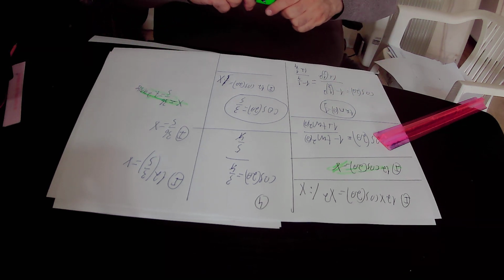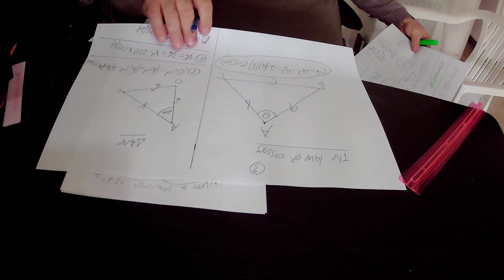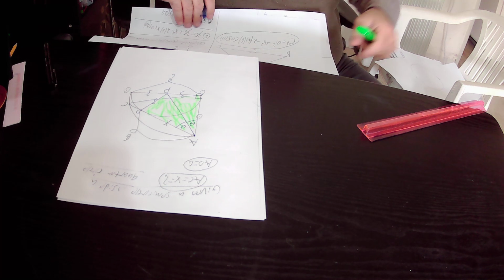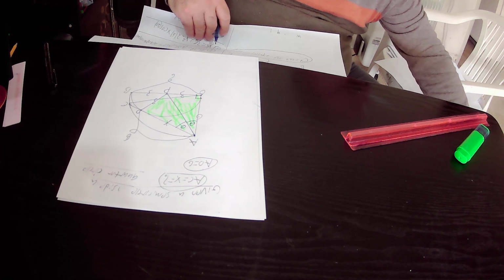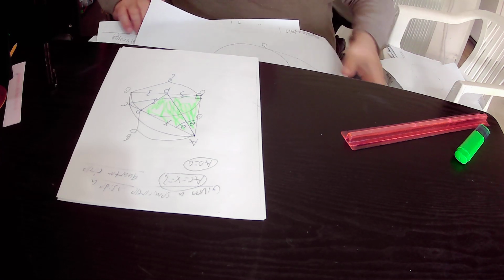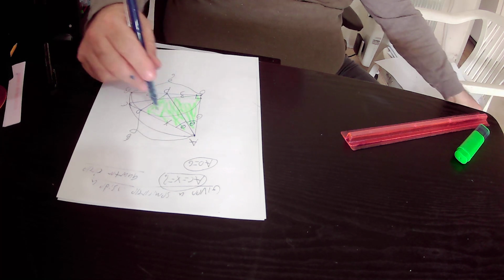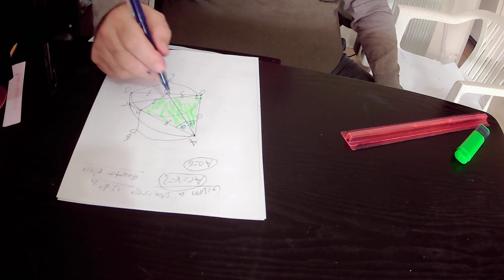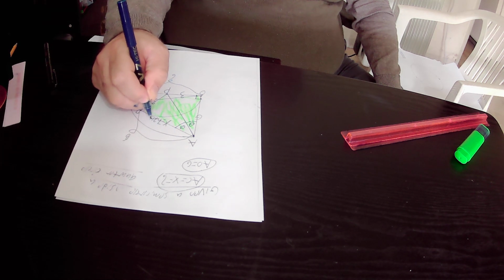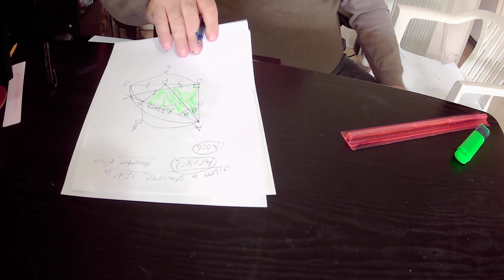Okay, in conclusion, we found out that x, the line segment that we are looking for, is equal to 7.2 units. Here, side AC, that is equal to x, is equal to 7.2 units. Okay, we finished with the first method.